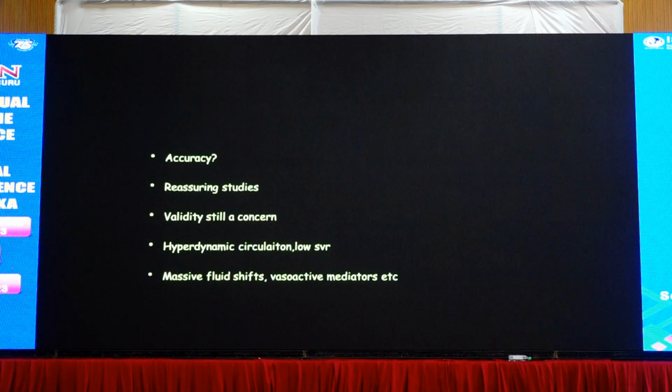Though there were initially reassuring studies, later studies found they don't actually correlate well with the cardiac output measured by the pulmonary artery catheter method, especially in liver transplantation, where cirrhotic patients have hyperdynamic circulation, low SVR, vasoactive mediators and massive fluid shifts, and the measured cardiac output tends to be not accurate. But the majority of the centers do use non-invasive or minimally invasive cardiac output monitors.